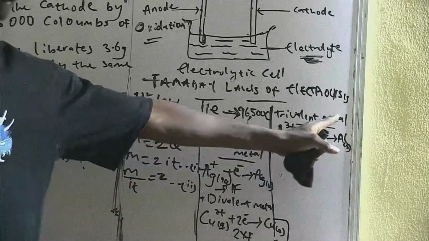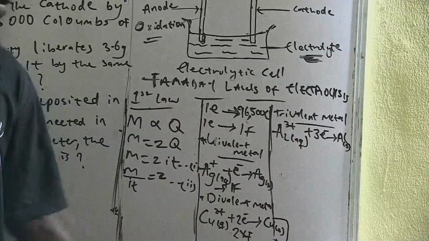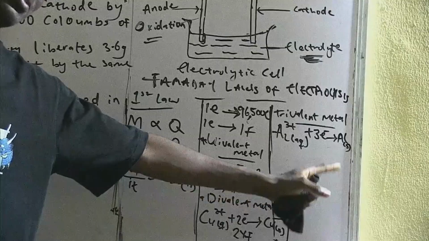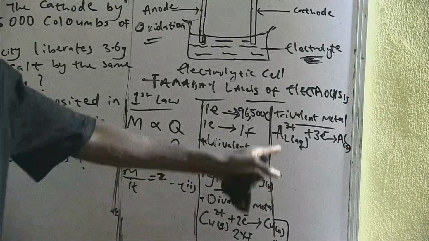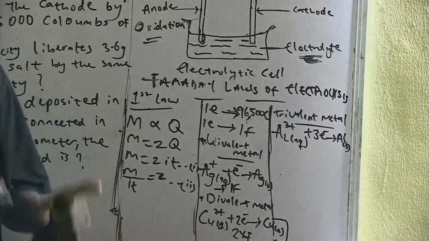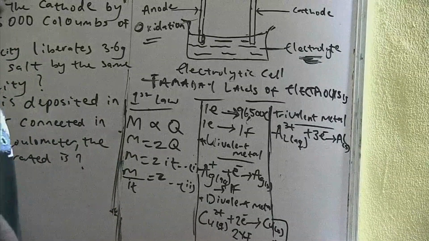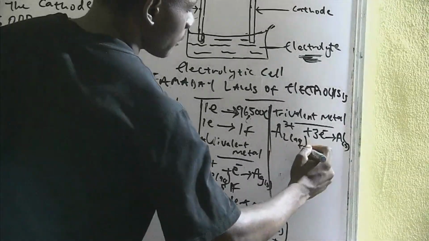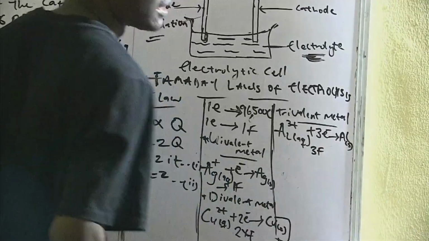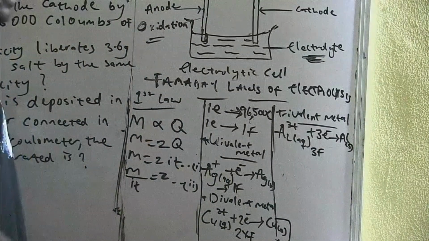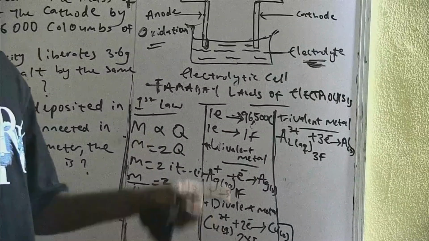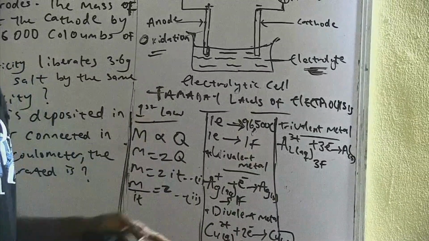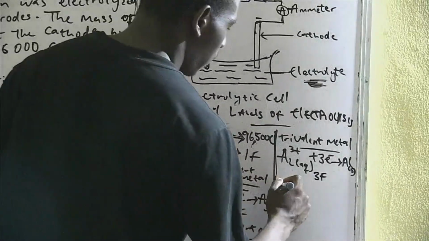To deposit 1 mole of aluminium, please take note, it is 1 mole of aluminium we are depositing, we need 3 electrons, that's 3 charge. Automatically that's 3 times F, so 3 times 96,500. That's the quantity of electricity required to deposit 1 mole of aluminium. So now we have understood that.